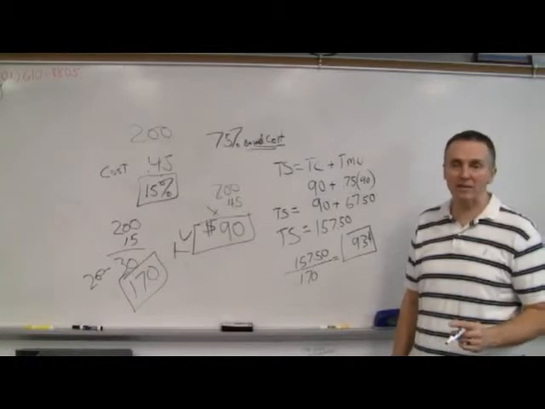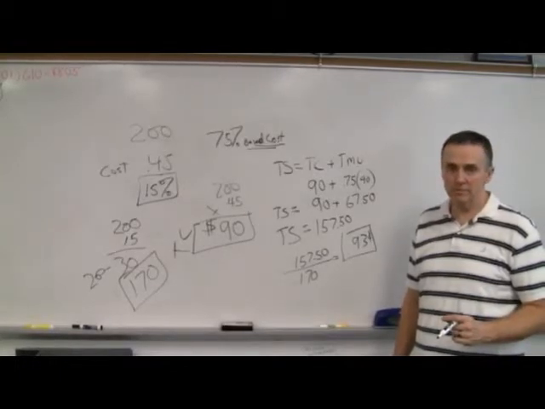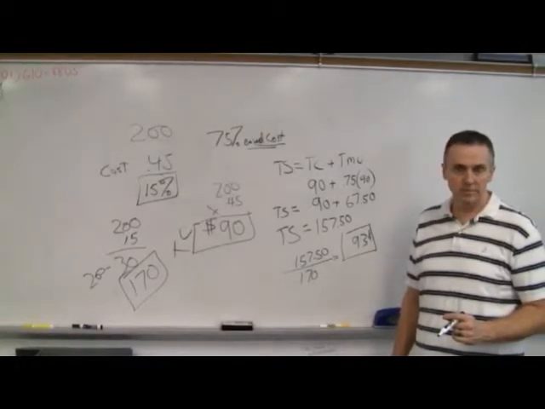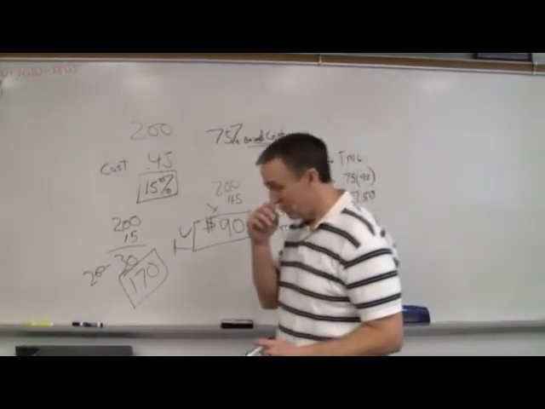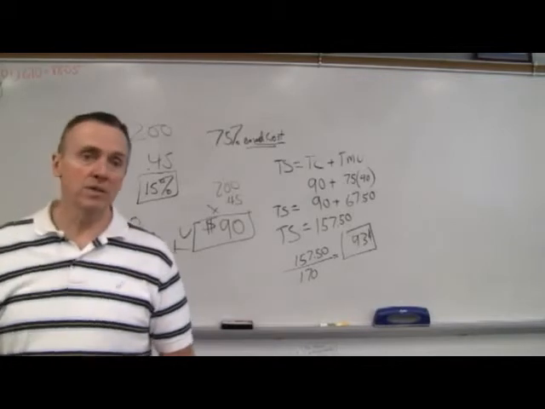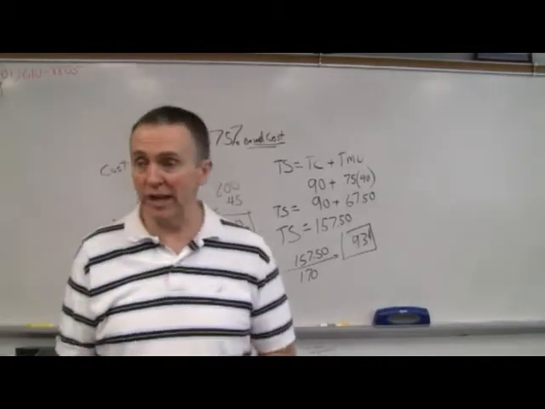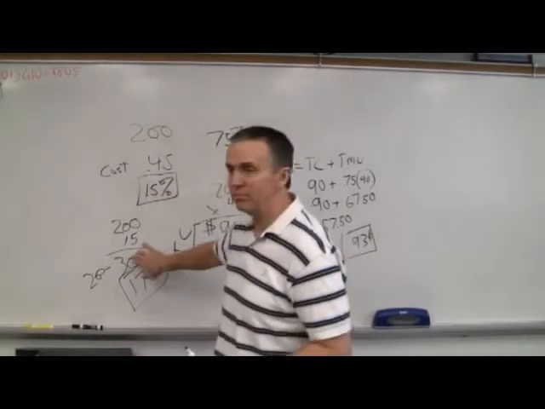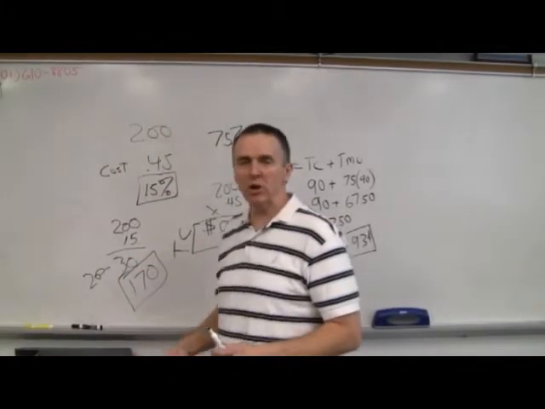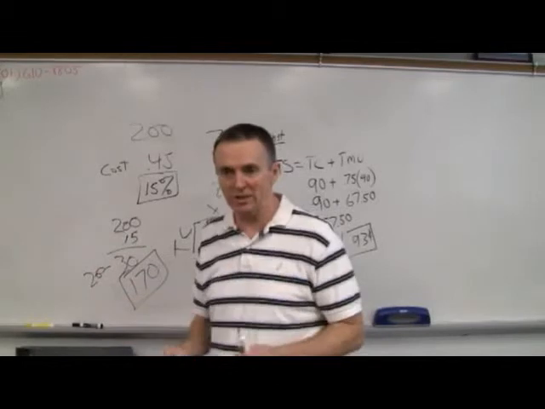Any questions about that type of problem? All right, now that's the kind of problem you're going to see on the test. You're not going to see one of these problems where we took the 30 brownies that were not perfect and sold them at half price, or none of that kind of stuff, right?